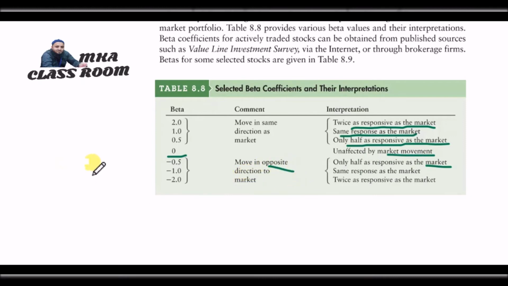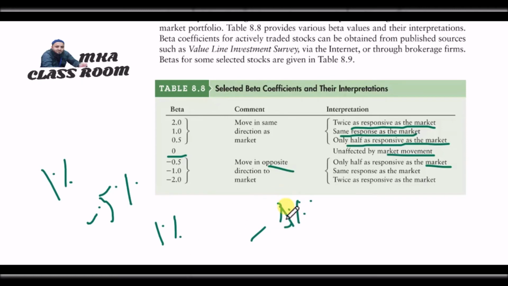If the market changes by 1% positive, then this stock's return should change by minus 0.5% if beta is minus 0.5. In the same way, if beta is minus 1 and the market changes positive 1%, it changes minus 1%.